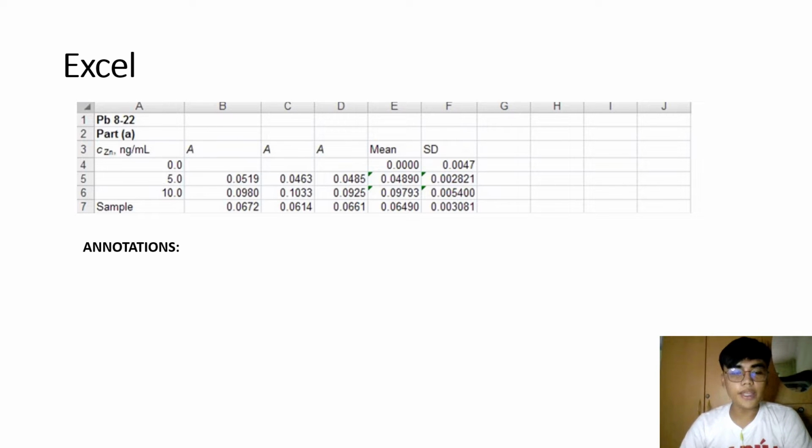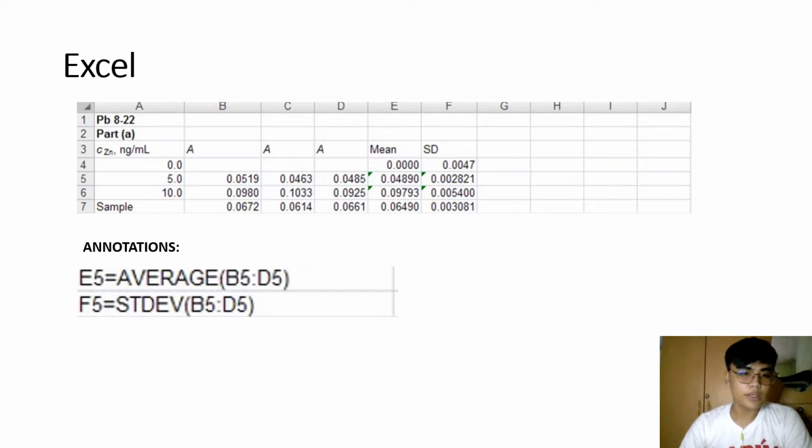In order to find the average, the formula is equal to AVERAGE open parentheses B5 colon D5, and for the standard deviation, STDEV of B5 colon D5.